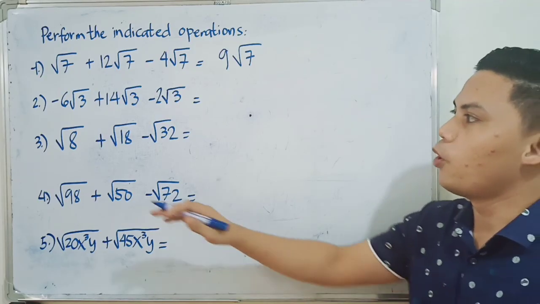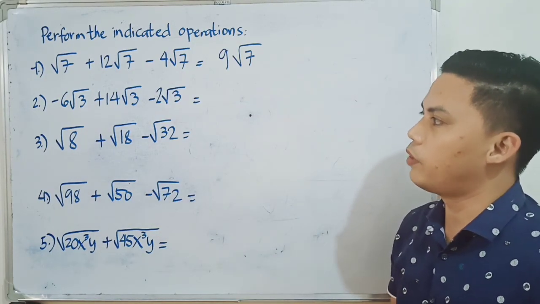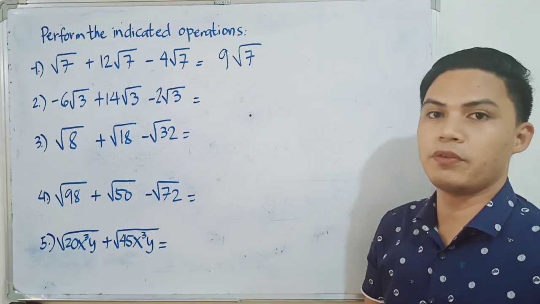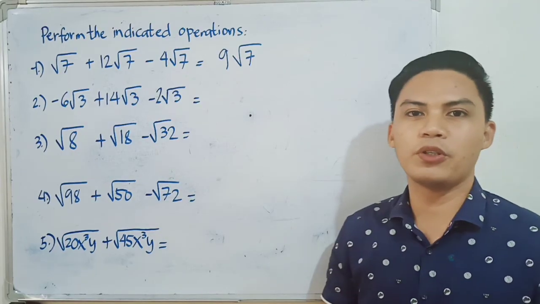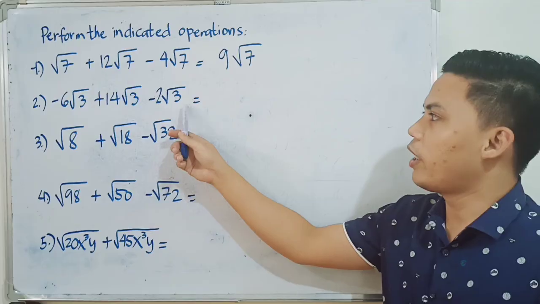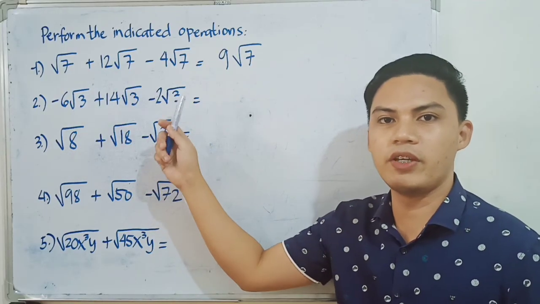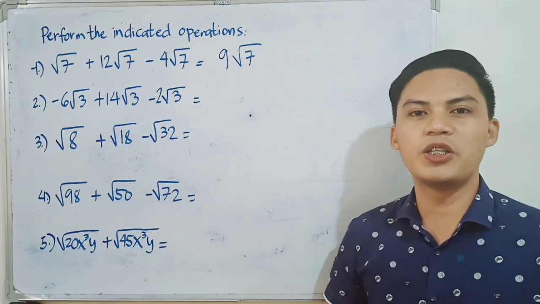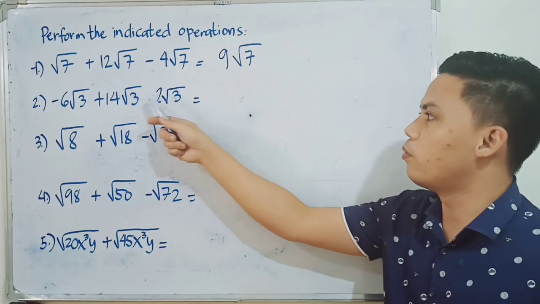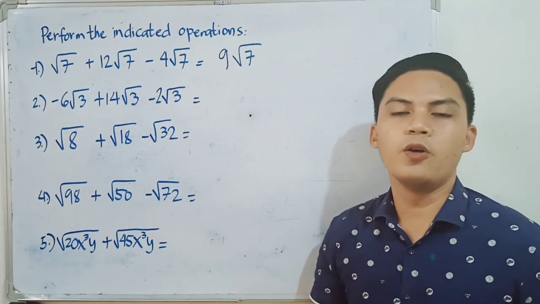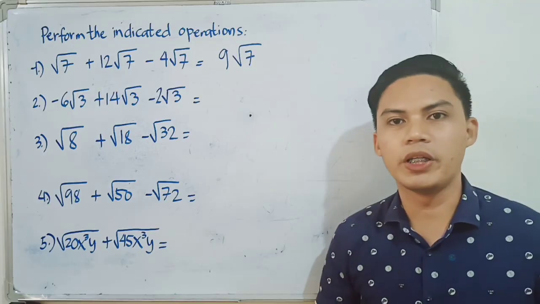Example number 2. We have negative 6 square root of 3 plus 14 square root of 3 minus 2 square root of 3. Again, their radicand is the same, 3, and at the same time, their indices are also the same, which is 2. So, we can combine them as one radical.